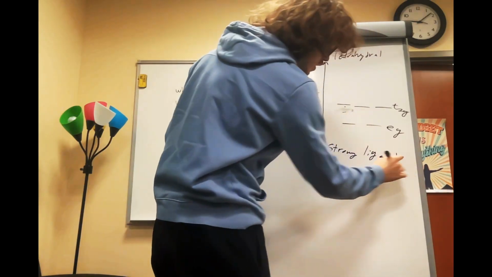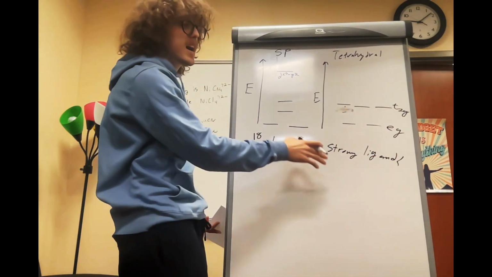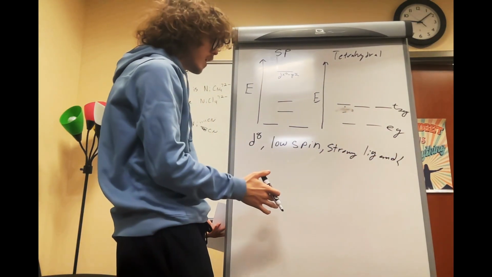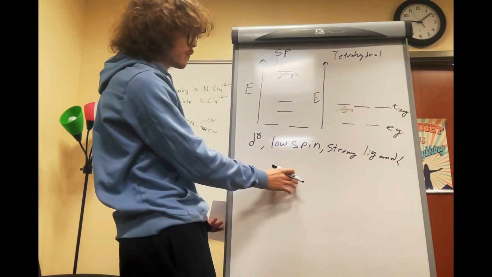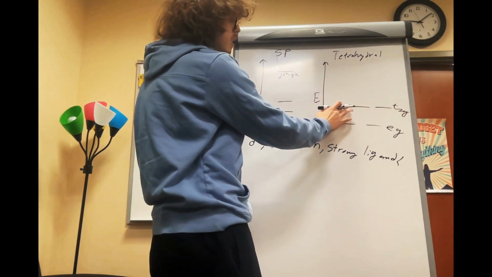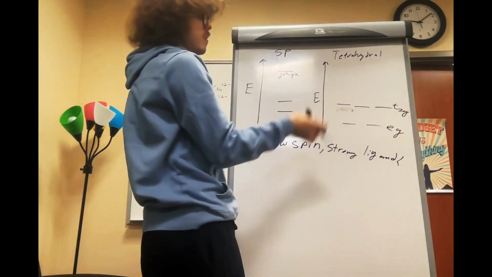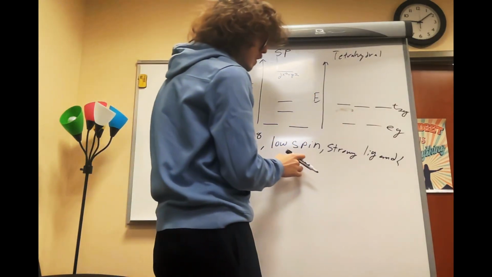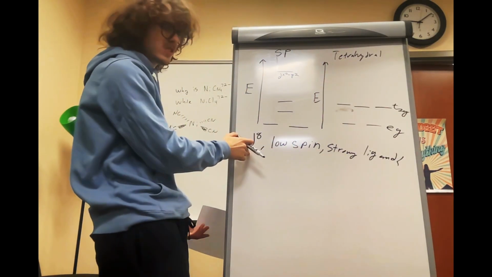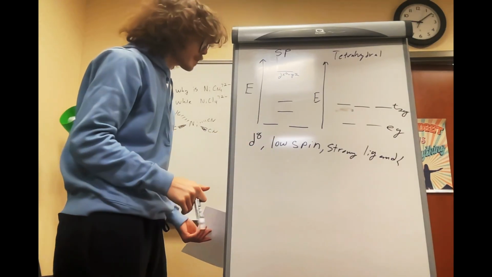So if you have really, really strong ligands, you have low spin. Hopefully you remember that. And that just means that before you jump up to the higher energy orbitals, you fill the lower energy orbitals. So low spin because of strong ligands, and you're also d8, and we'll see why.